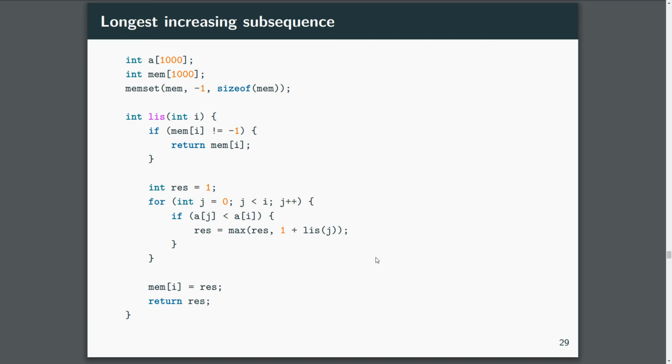What is in the index? That's what A is, just our array. Res will store the length of our longest subsequence at index i once you're done with this loop. And then we store that here.